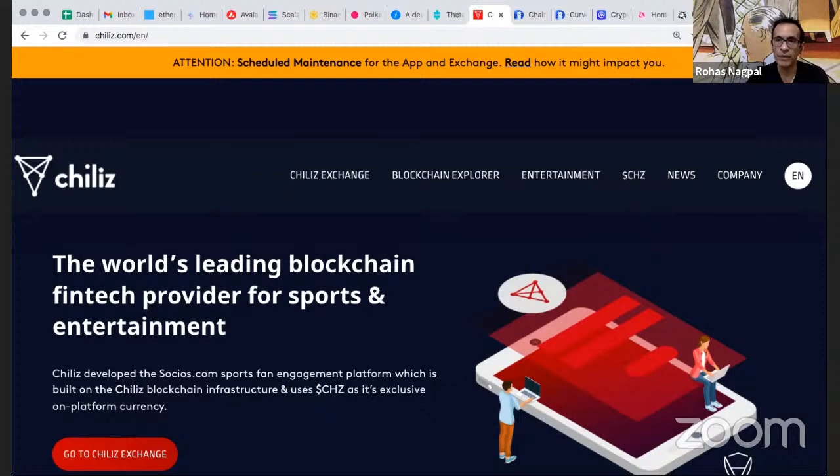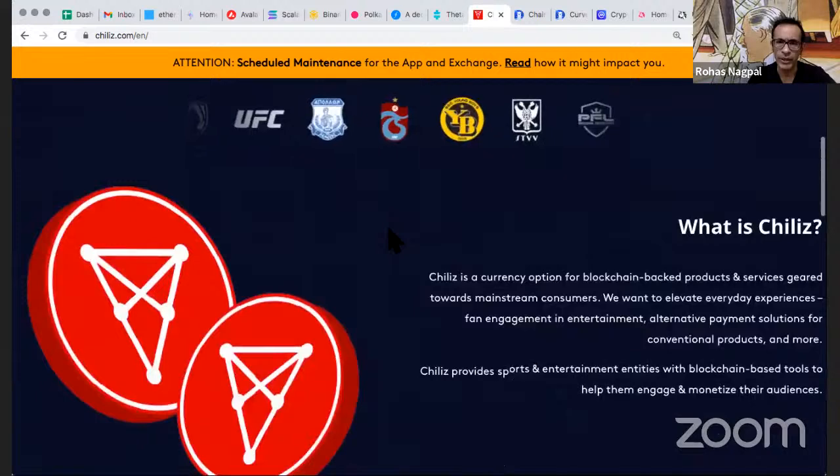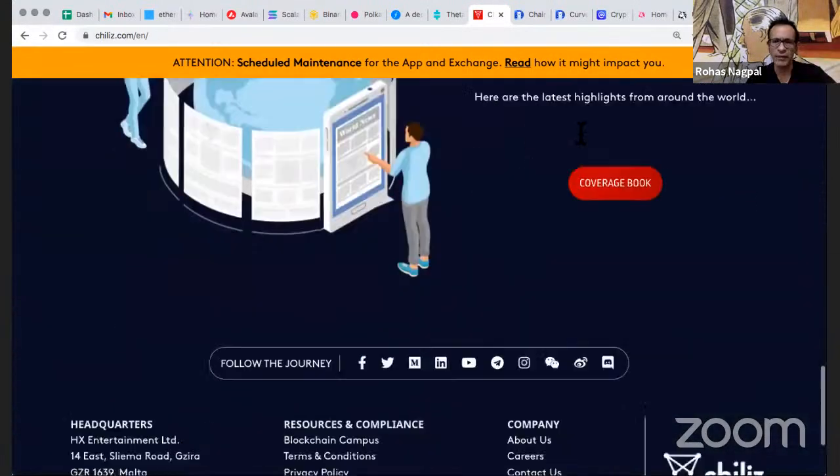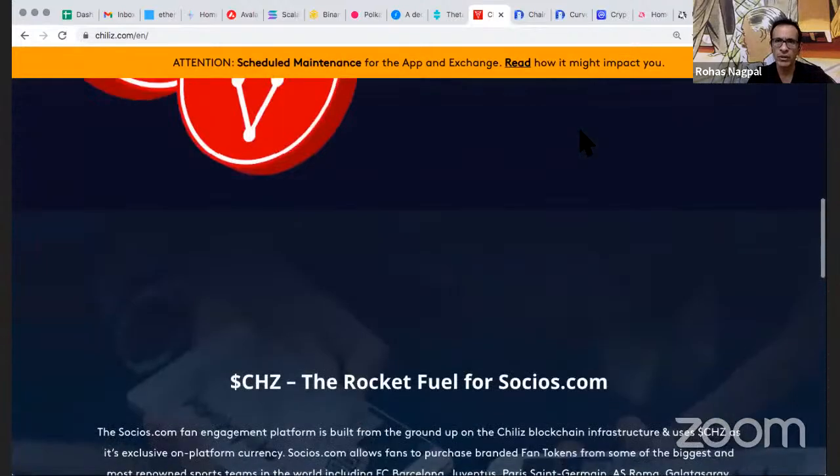So it is not a publicly available token which corresponds to each team, because that would be difficult to do, as you would have to create so many different cryptos, one for each team. And in future, they may tie up with hundreds of football teams, for example. So CHZ is the publicly available crypto which fuels the Socios blockchain platform, and there you can go and buy tokens of different teams. Completely a different architecture is being followed here. Is that clear?